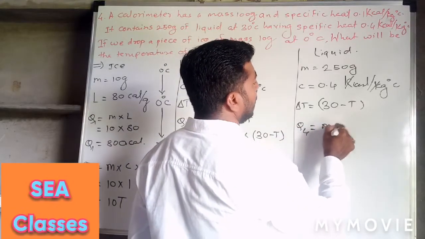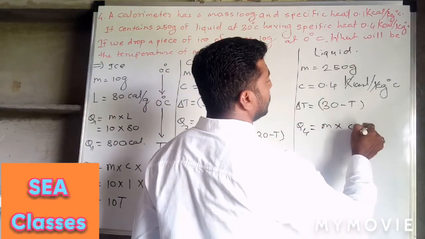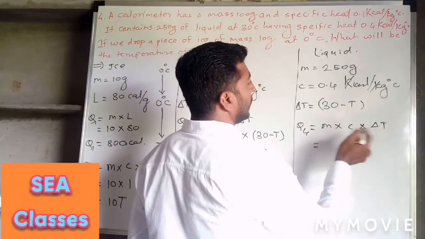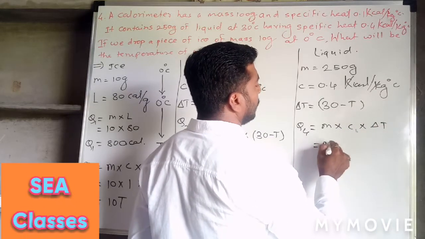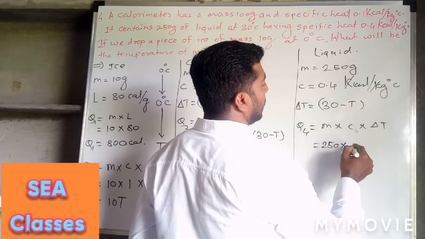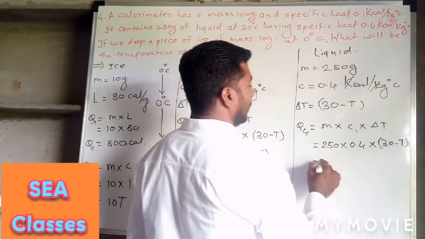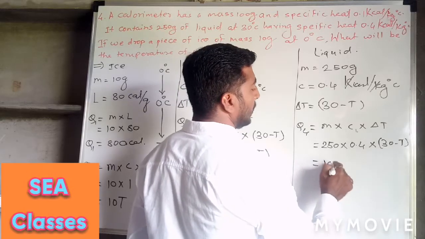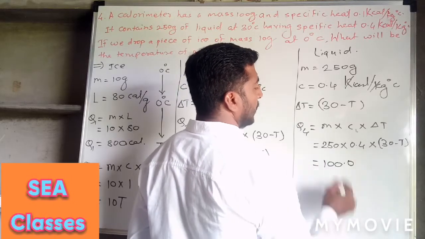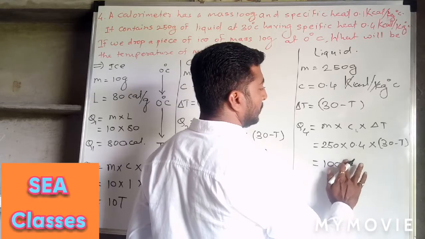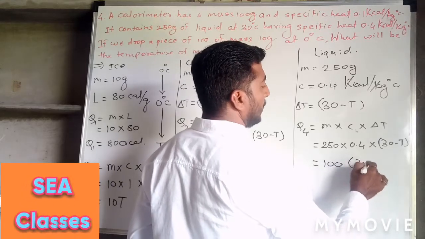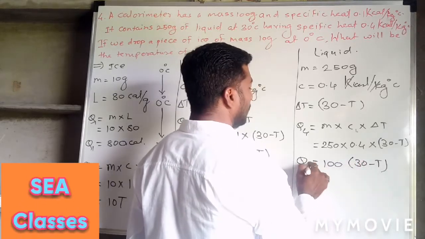So Q4 is m into c into delta T. So that will be equal to mass 250 into specific heat 0.4 into 30 minus T. So 25 times 4 is 100, so it will be 100 into 30 minus T. So this is your Q4.